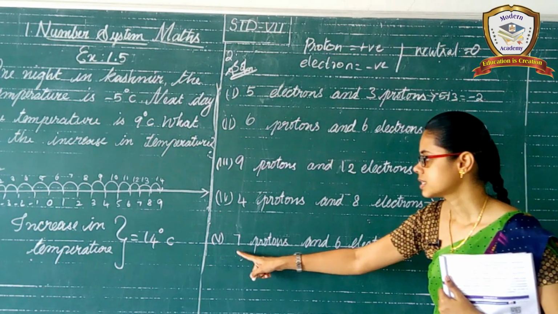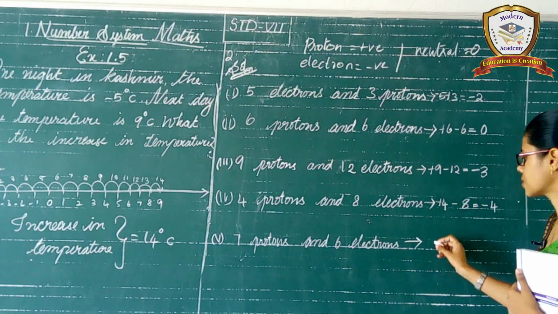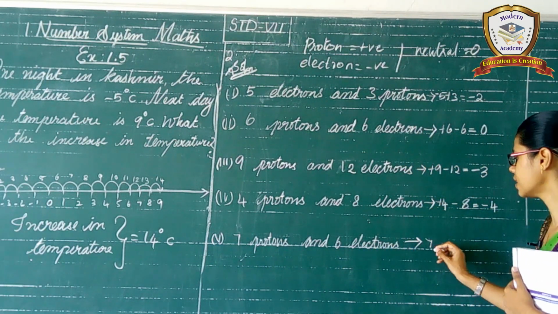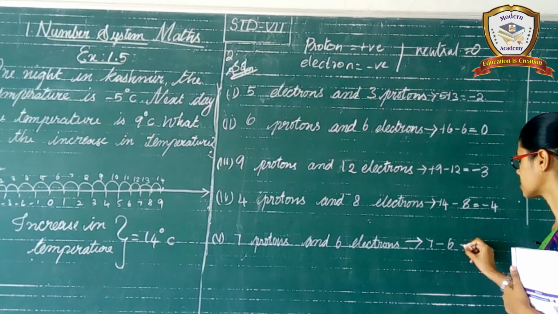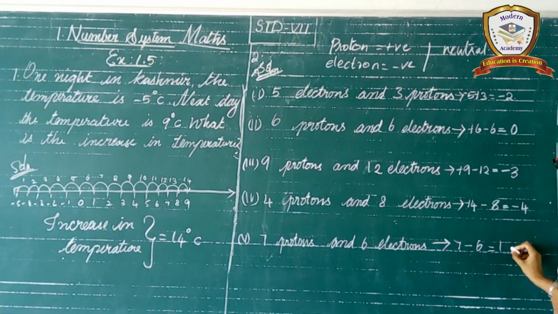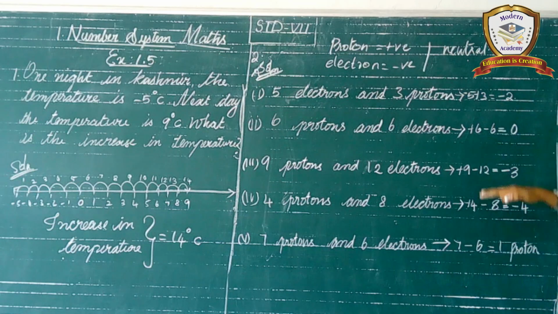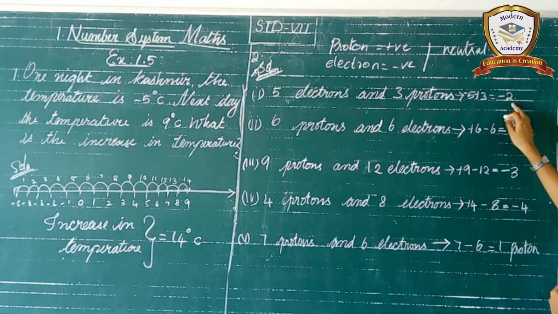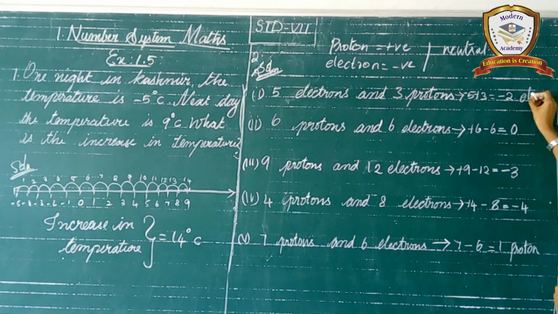Okay. Next, 7 protons and 6 electrons. Same like that: 7 protons minus 6 electrons equal to. So we have to subtract. That is 1. Here we want to mention 1 proton. And in the above sums also we have to mention. Here minus 2 electrons.